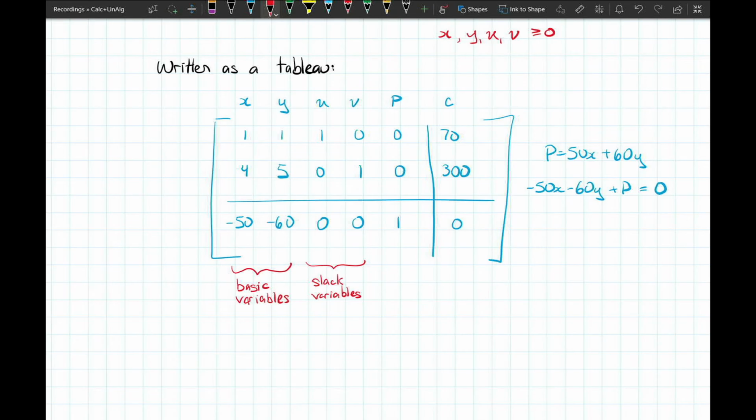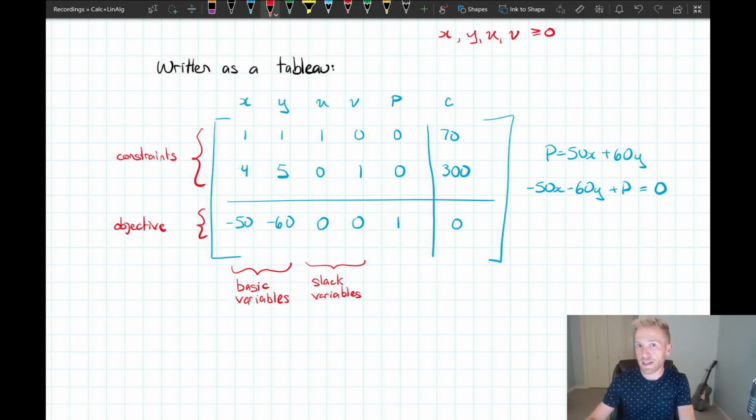The first few rows are going to be our constraints, and our very last single row is the objective. And as we go through the process to solve for the optimal solution, keep in mind that we always assume x, y, u, and v, all of the variables are greater than or equal to 0.